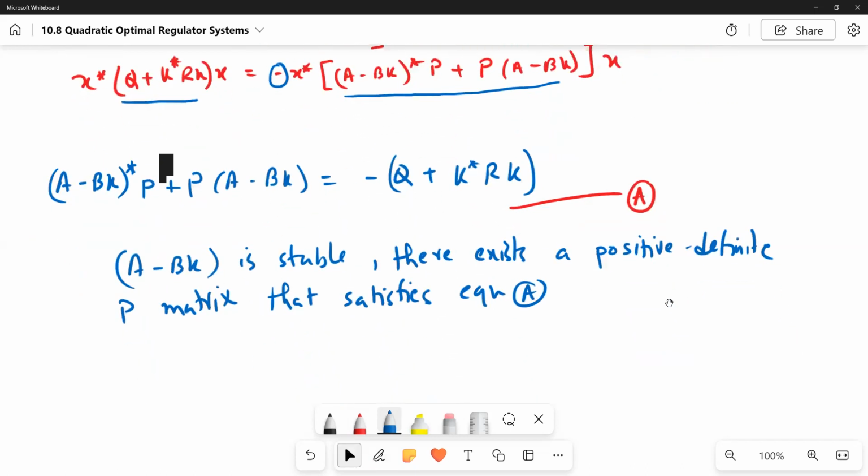In the reverse way, if we can find a matrix P that is positive definite, then we can also say that A minus BK is stable, that the system is stable. So vice versa.